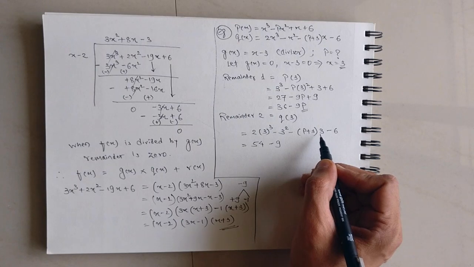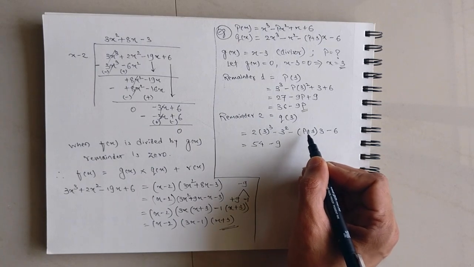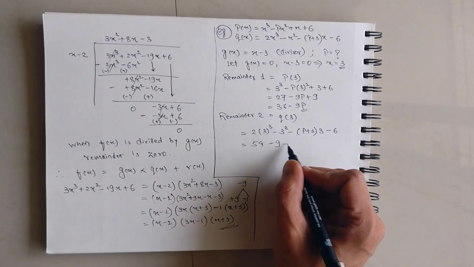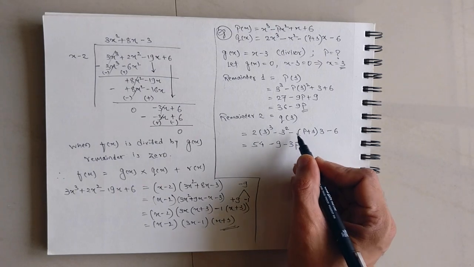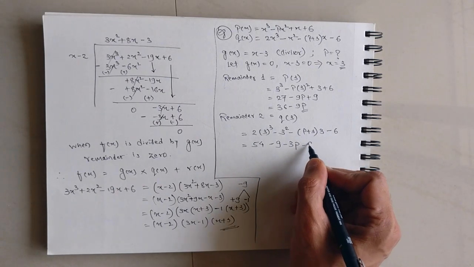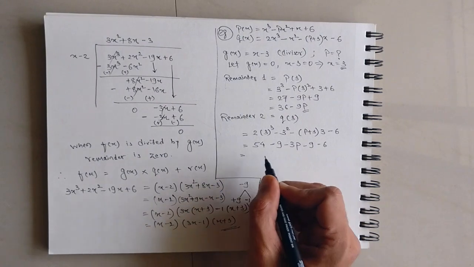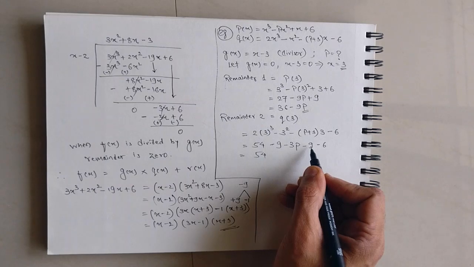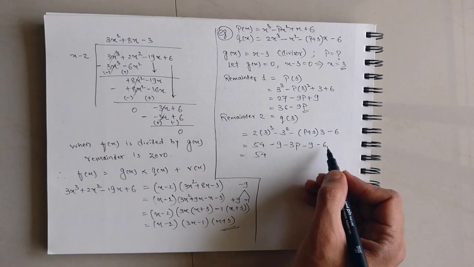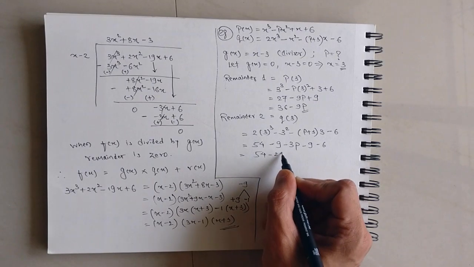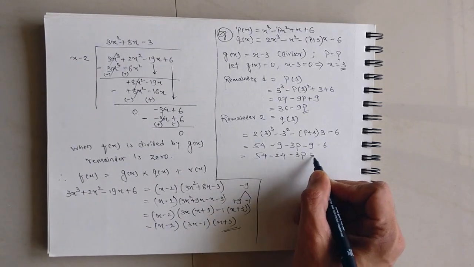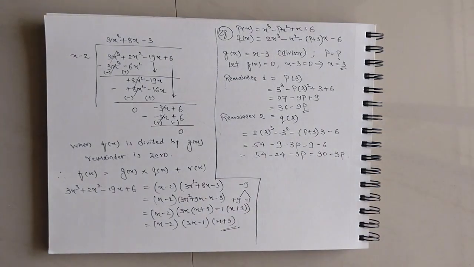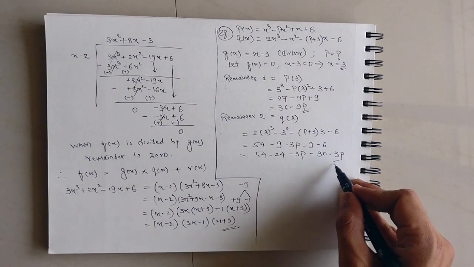Now you multiply this 3 with both of them, so it will become minus 3p, minus 9 and minus 6. So 54 minus 9 minus 9 minus 6 is 30 minus 3p. So this is the second remainder.